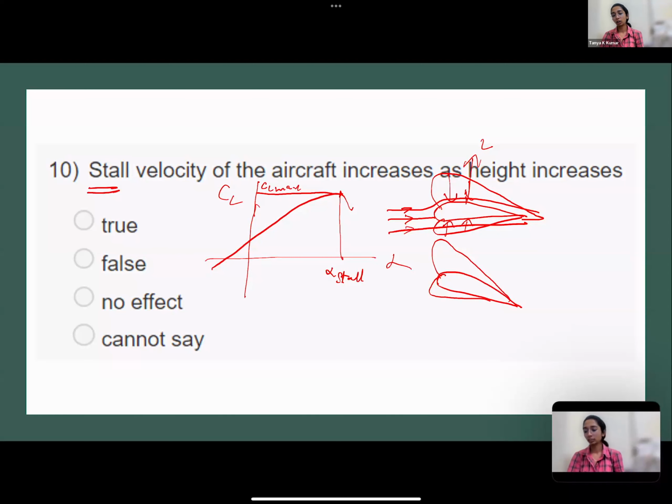Yes. Okay. So now when I increase it beyond alpha stall, why do you think the pressure difference is not there? Just take a minute and try to think. We'll discuss this and come to the answer, but just take a minute and try to come up with the reasoning.